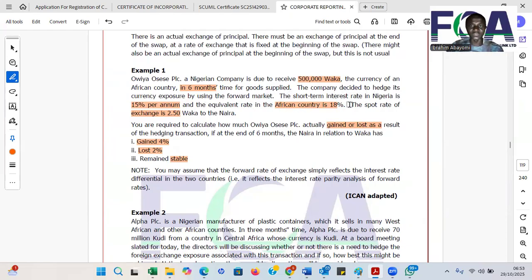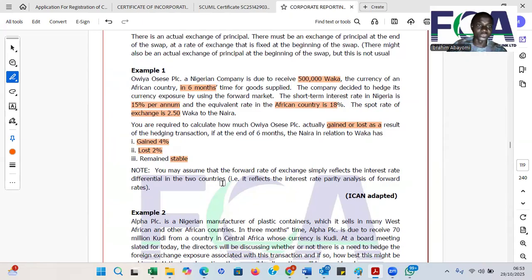The short-term interest rate in Nigeria is 15% per annum, and the equivalent rate in the African country is 18%. The spot exchange rate is 2.5 waka to the naira. You are required to calculate how much Owuya Osese PSC actually gained or lost as a result of the hedging transaction if, at the end of 6 months, the naira in relation to waka has gained 4%, has lost 2%, and has remained stable.